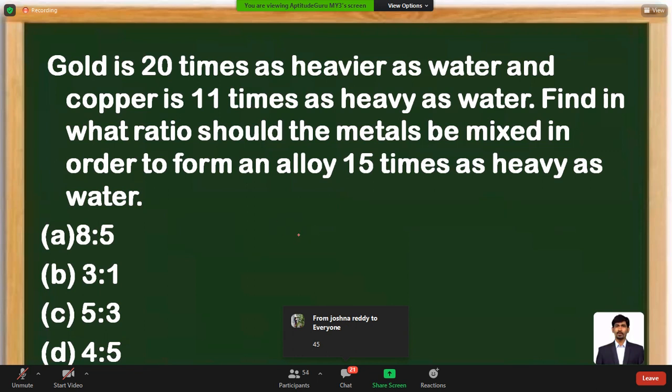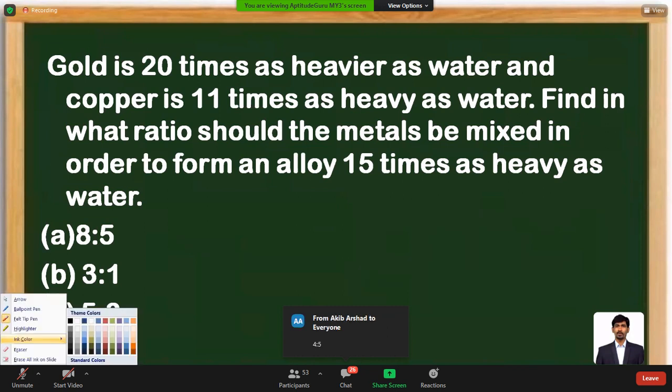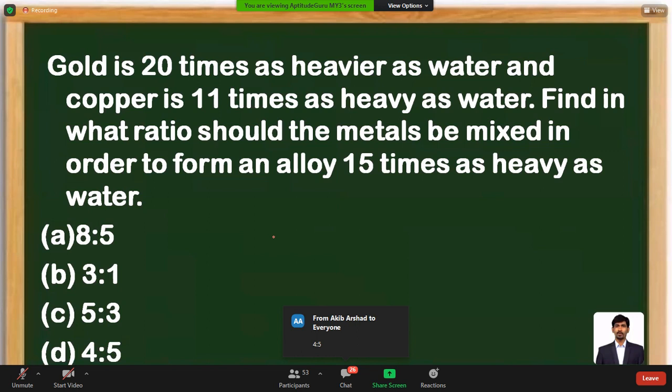Gold is 20 times as heavy as water, and copper is 11 times as heavy as water. In what ratio are these two mixed in order to form an alloy which is 15 times as heavy as water?